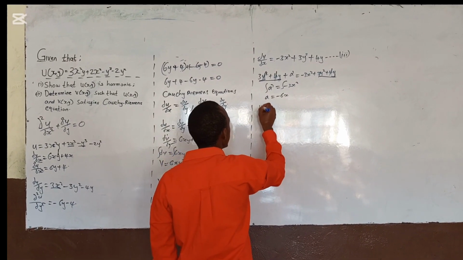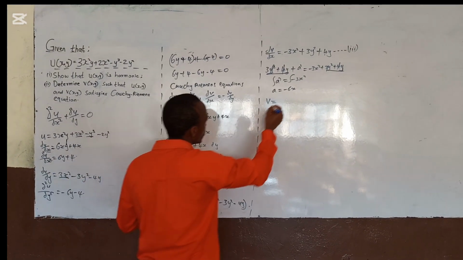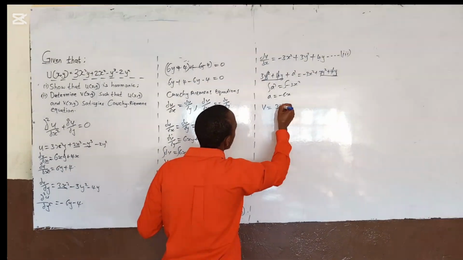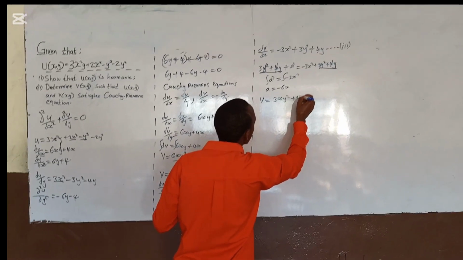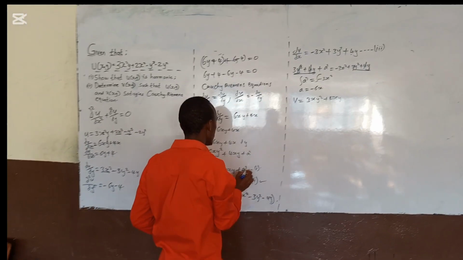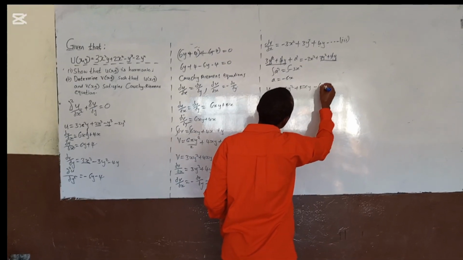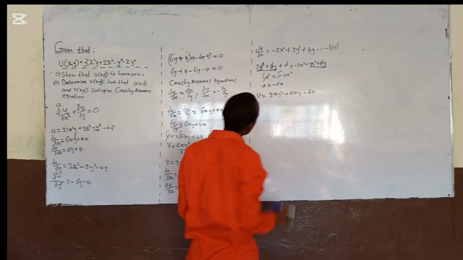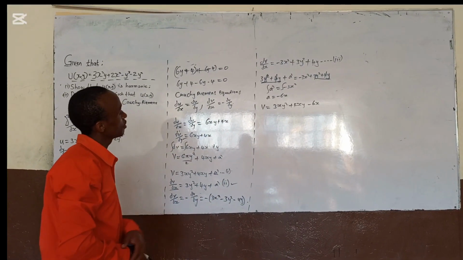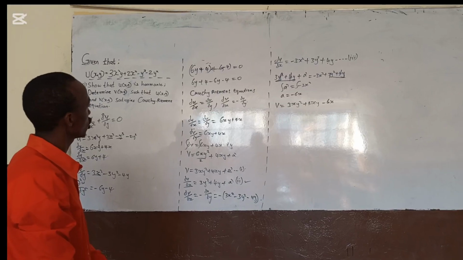Now our v is equal to 3xy squared plus 4xy plus this function. This is our v(x, y).